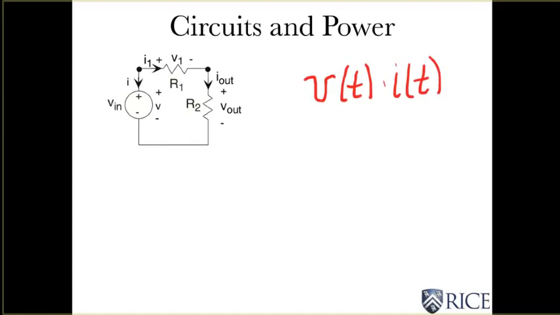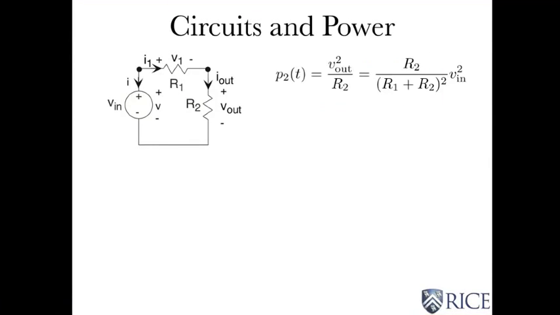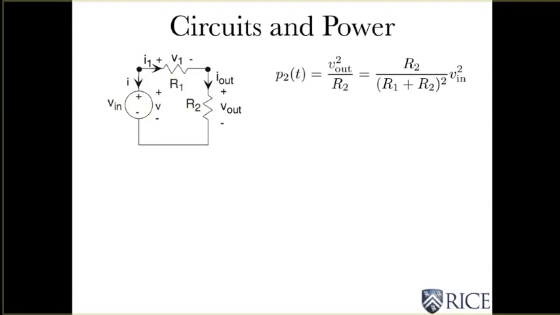And I want to consider that for each element. So we know for a resistor that the power is the voltage squared divided by the resistance. That's V times I for a resistor. And since we solved for the output voltage, we might as well use this version of the formula.